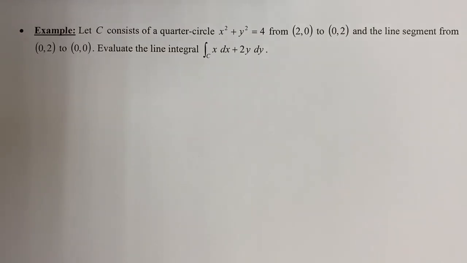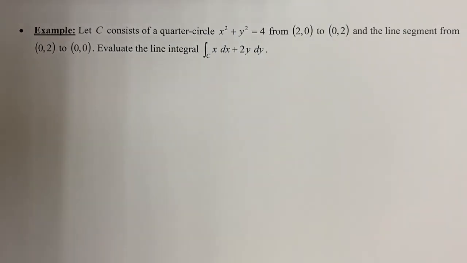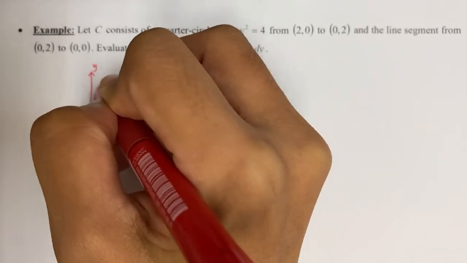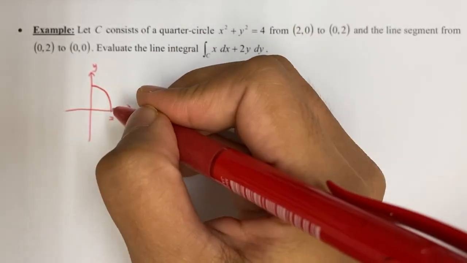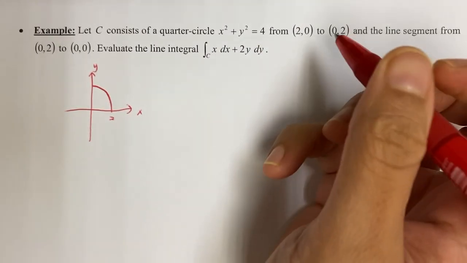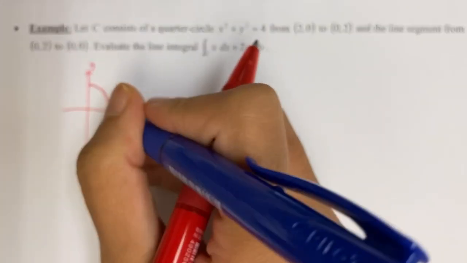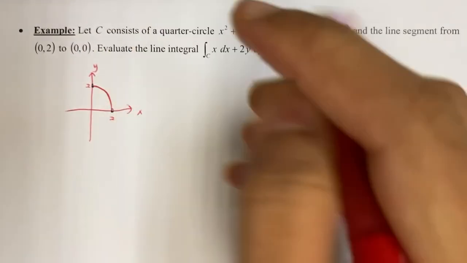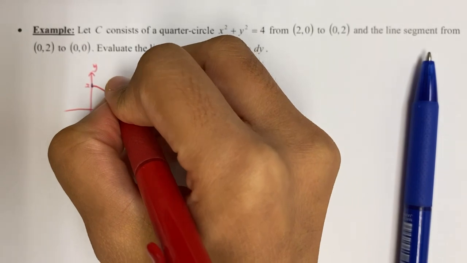For example, if you have C consisting of a quarter circle, x square plus y square equal to 4, radius 2, from (2, 0) to (0, 2), moving counterclockwise, this is our C1.